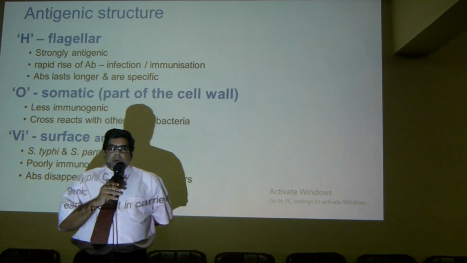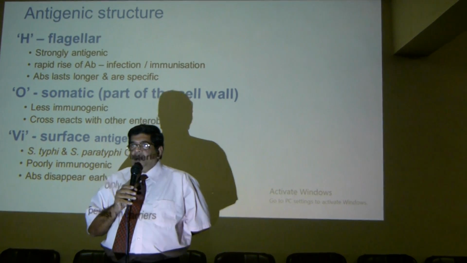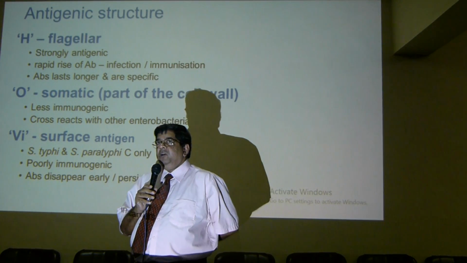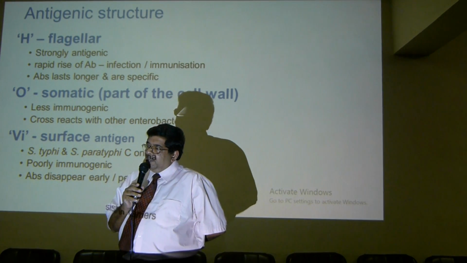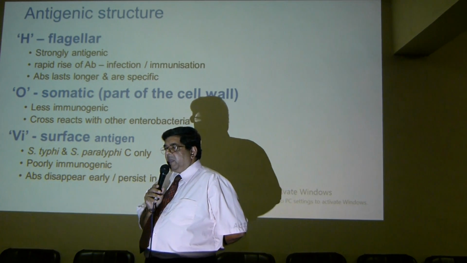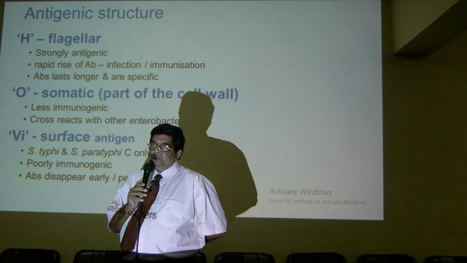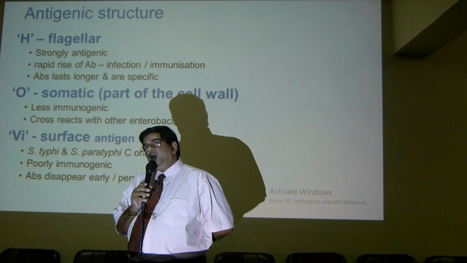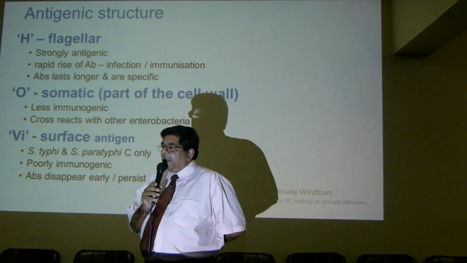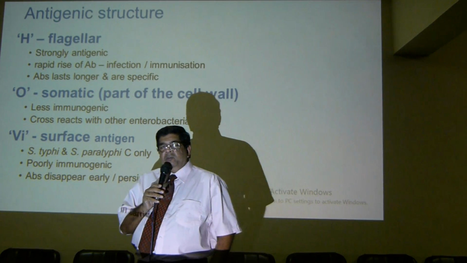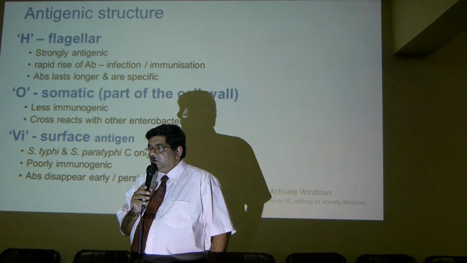Now, a little bit about the antigenic structure of Salmonella, or the Enterobacteriaceae for that matter. Salmonella are motile organisms and they have flagella. The flagellar antigen is strongly antigenic, and there is a rapid rise of antibodies when the antigen is present.